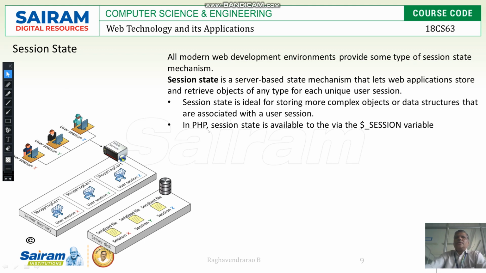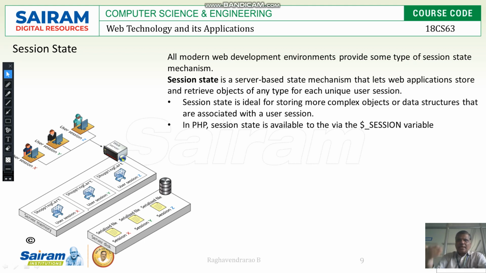Then session state is ideal for storing more complex objects or data structures that are associated with the user session. Meaning, when a session starts, take the example of a shopping cart, Amazon or whatever it is. The objects you select, you store in the cart. Individually you log in, individually you store it.